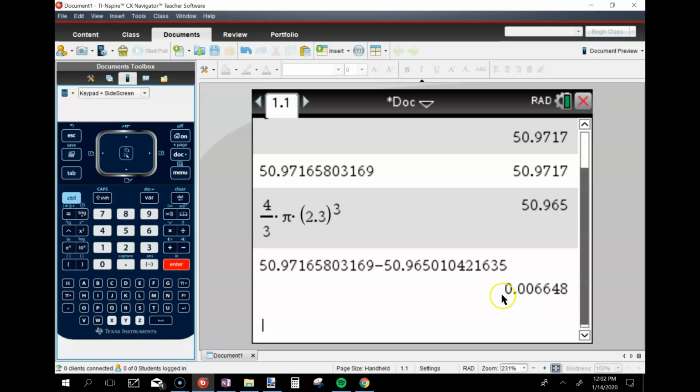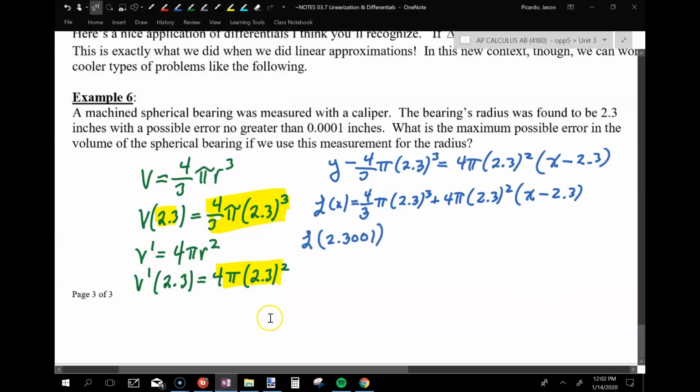Guys, I'm going to go back to something for a minute. Didn't we call this V prime, right? Couldn't I have called it dV/dr?